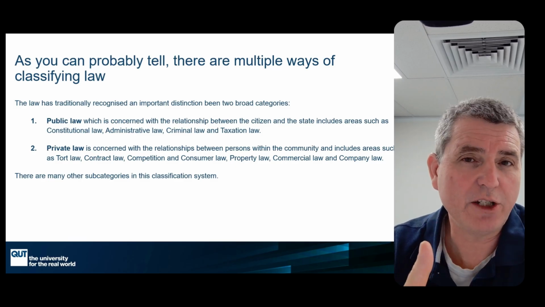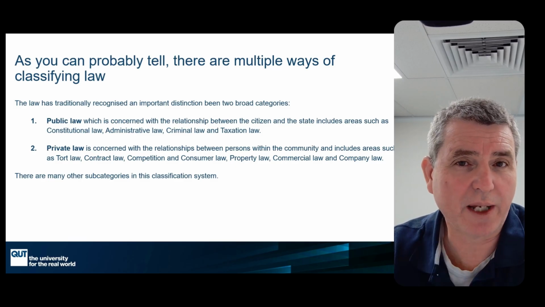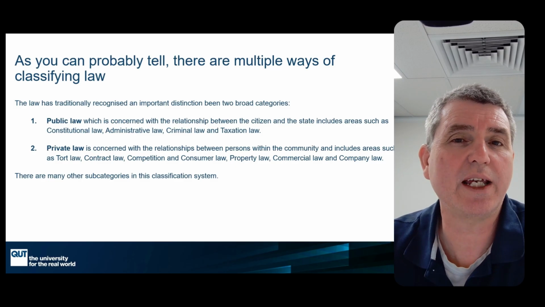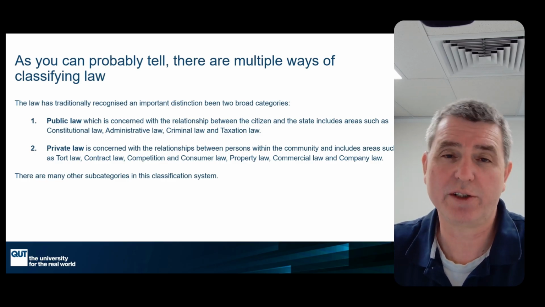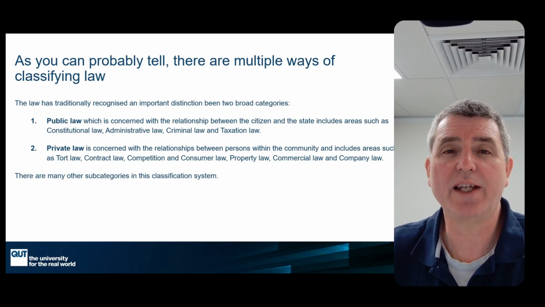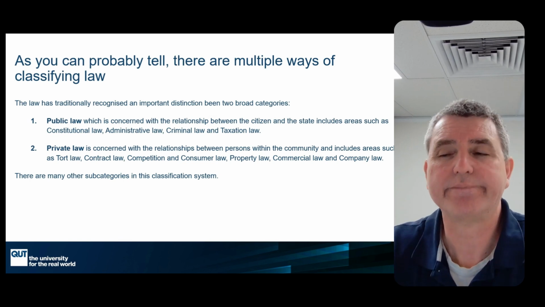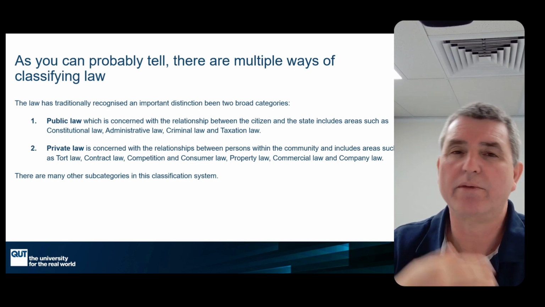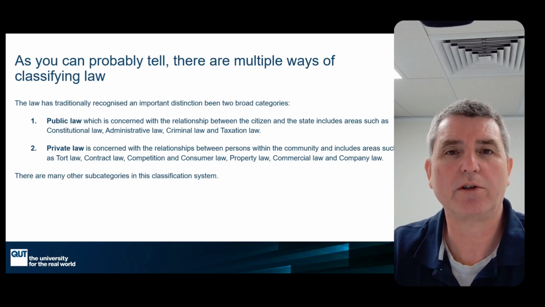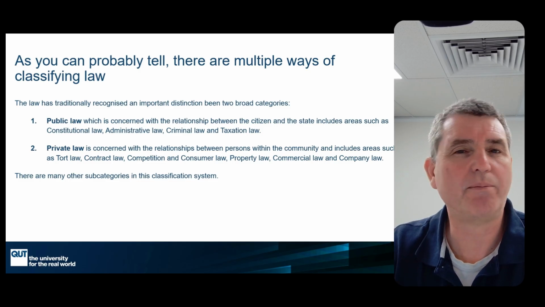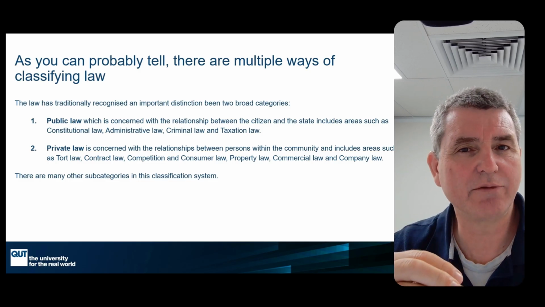The classification system helps explain that and helps you understand why a legal answer will be what it is. For instance, imagine that I'm going to punch you, right? Okay. So that is a criminal act, so it has a criminal law connotation. But there's also a civil law action.